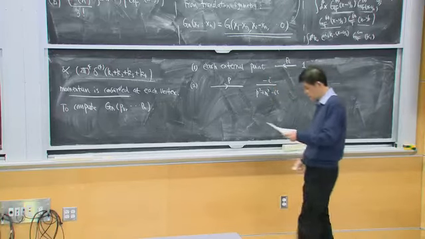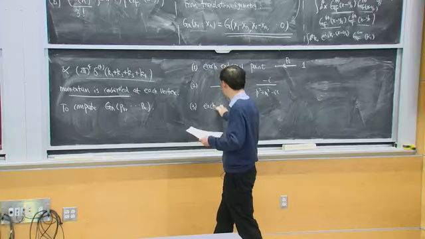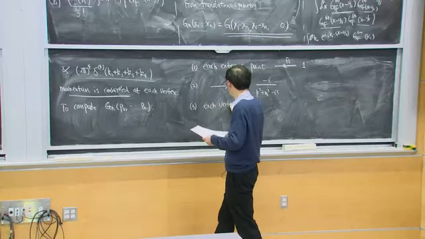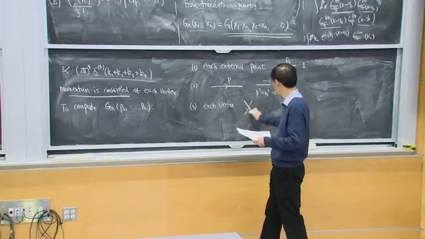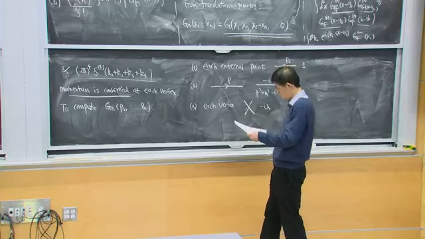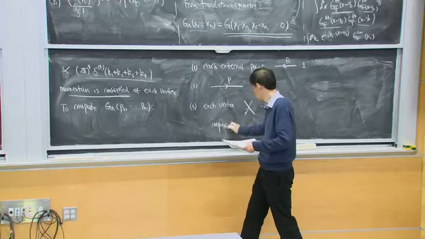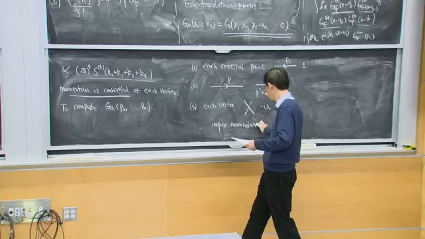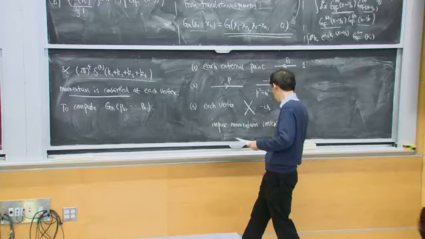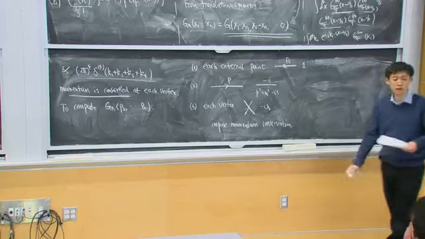And then for each vertex, you have a factor of i lambda, and then you impose momentum conservation at each vertex.